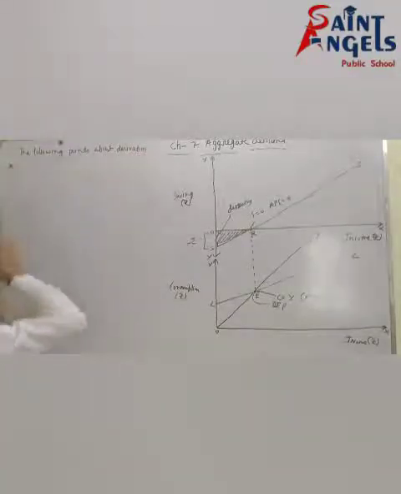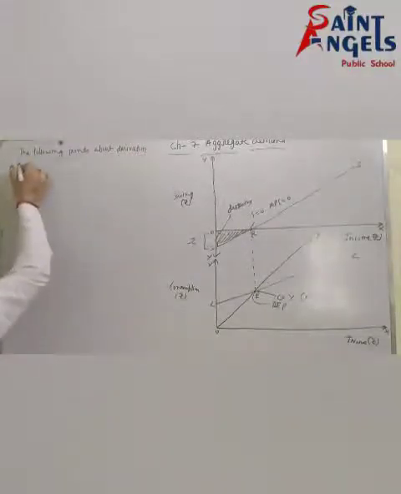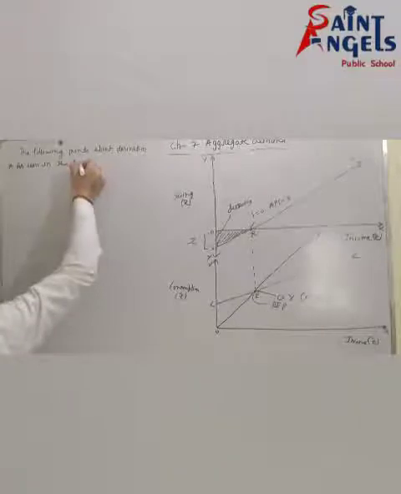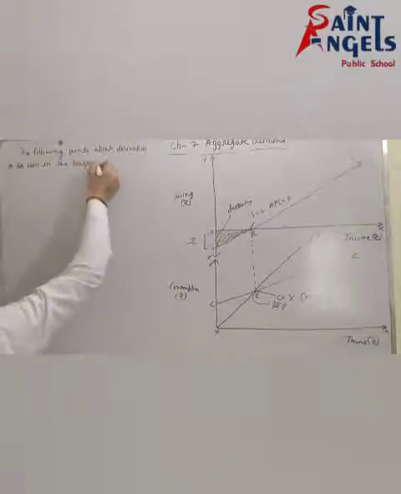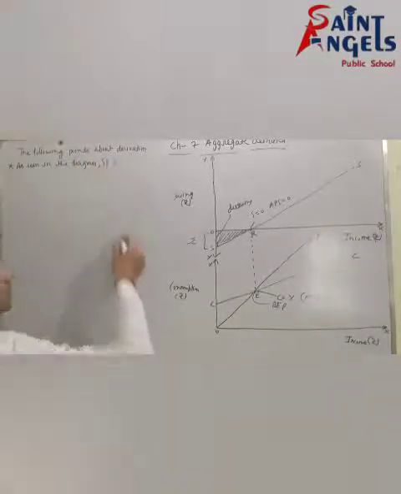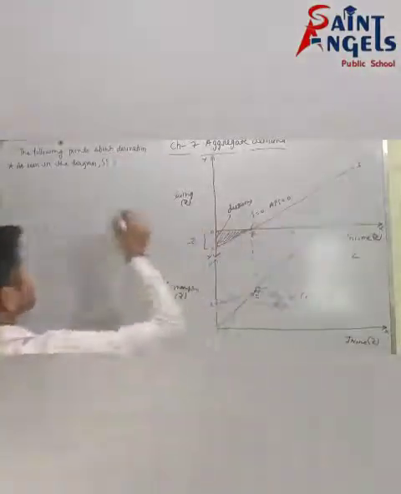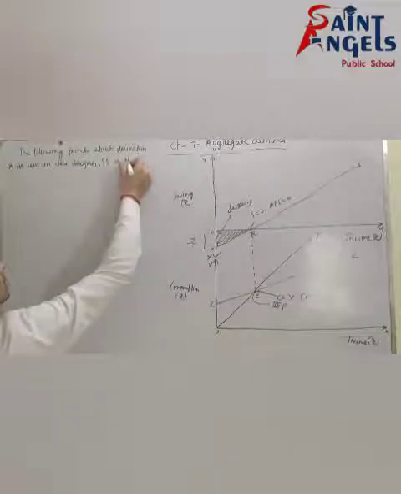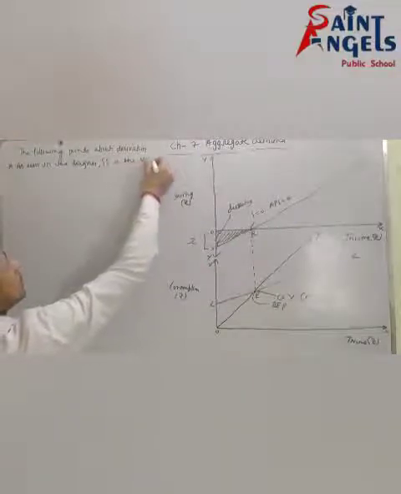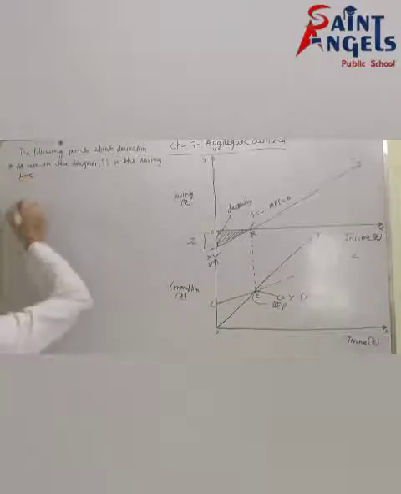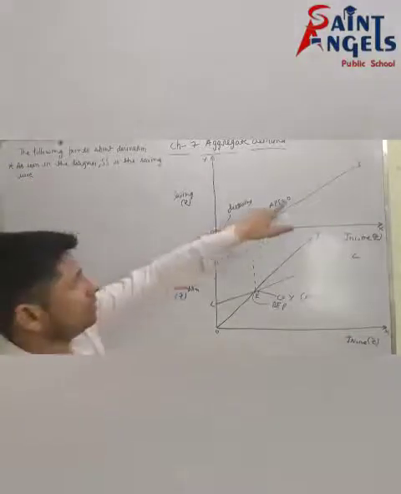First point, as seen in the diagram, SS is the saving curve.